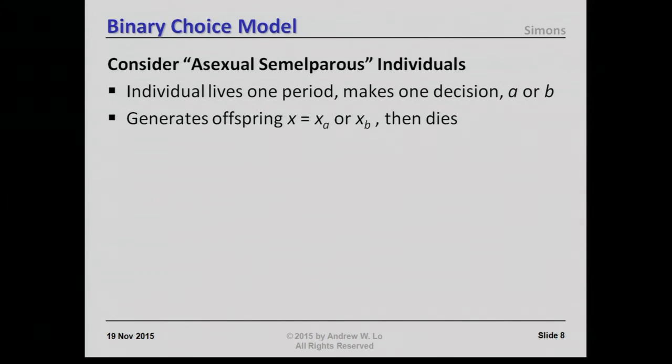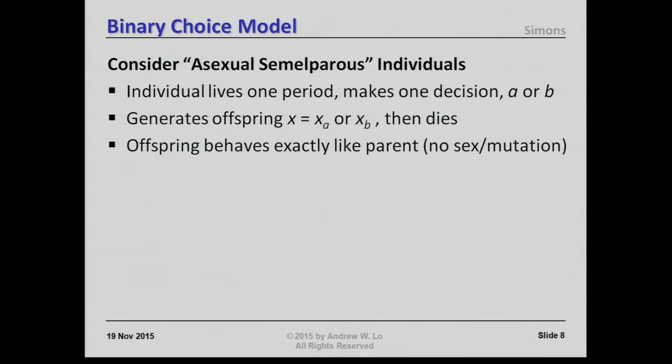They'll either get XA, which is a random variable, or they'll get XB, which is another random variable. And the only assumption I'm going to make about their behavior is that the offspring behave exactly like their parents. So there's perfect genetic transmission, if you will. There's no mutation, there's no differentiation. The parents are going to transmit their behavior perfectly to the next generation.